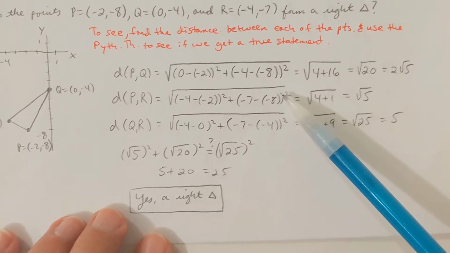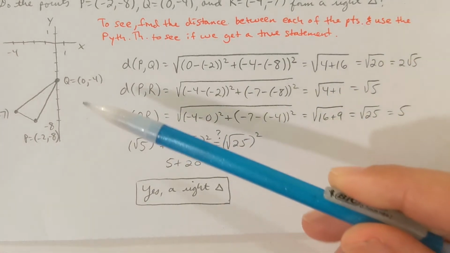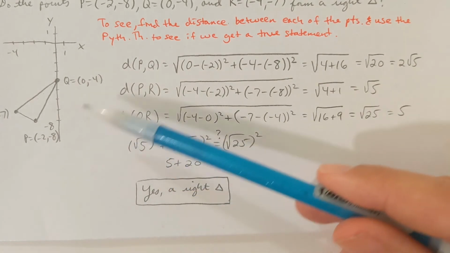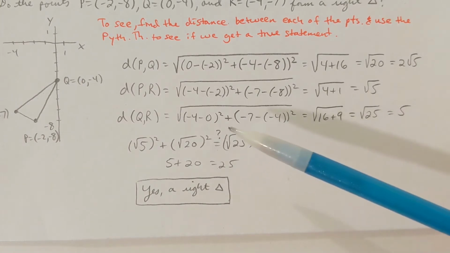The change in the x values is 2, and the change in the y values is 4. I want the square root of 4 plus 16, which is the square root of 20, which would be 2 root 5 in simplified form.